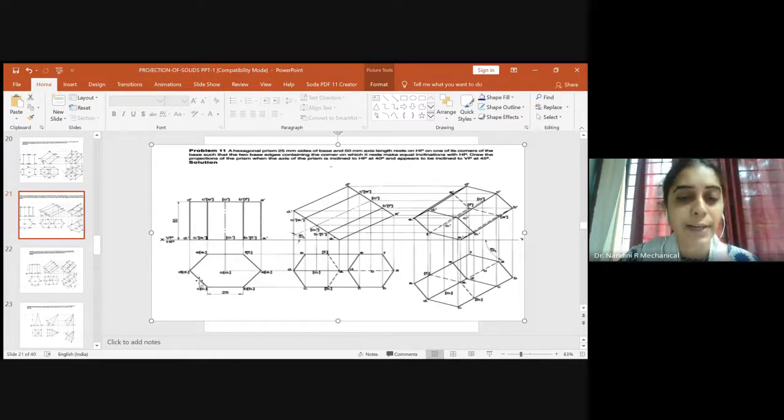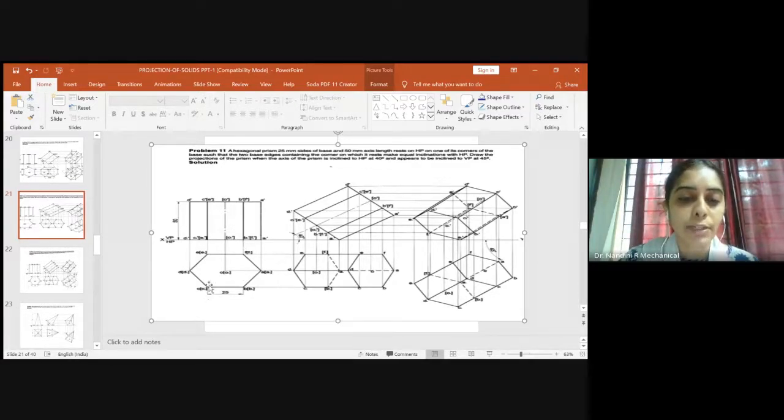So once you join it, do the darkening of this line, because in all the stages, the top and the front view will be visible. You will forget it later. Immediately, you kindly darken by using the thick dark pencil. So once you have darkened, your next step is you have to identify the center, right?